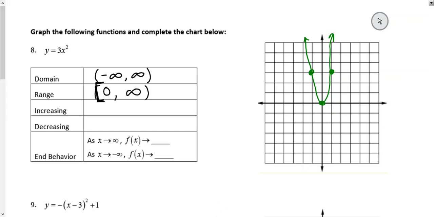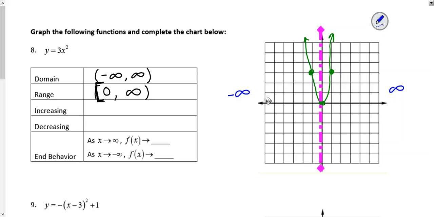Increasing and decreasing. If we had this imaginary line that goes through where the graph is at the bottom, so at that turning point, always start on the left. So on the left side of my graph is negative infinity. The right side of my graph is positive infinity.